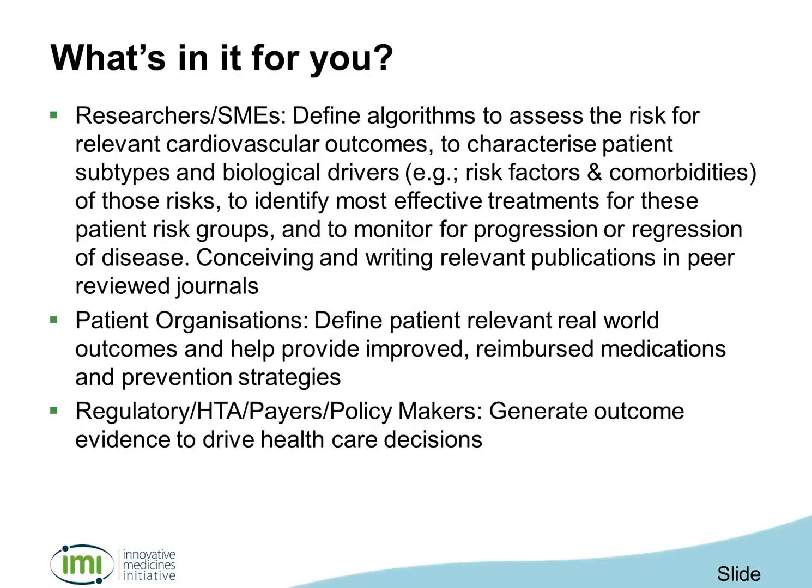And then in the second step, help identify the most effective treatment for these patient risk groups. And then ultimately try to understand how best to monitor both disease progression or regression. One of the major outcomes of this work that we believe could be of interest for this group would be writing peer-reviewed journal publications.